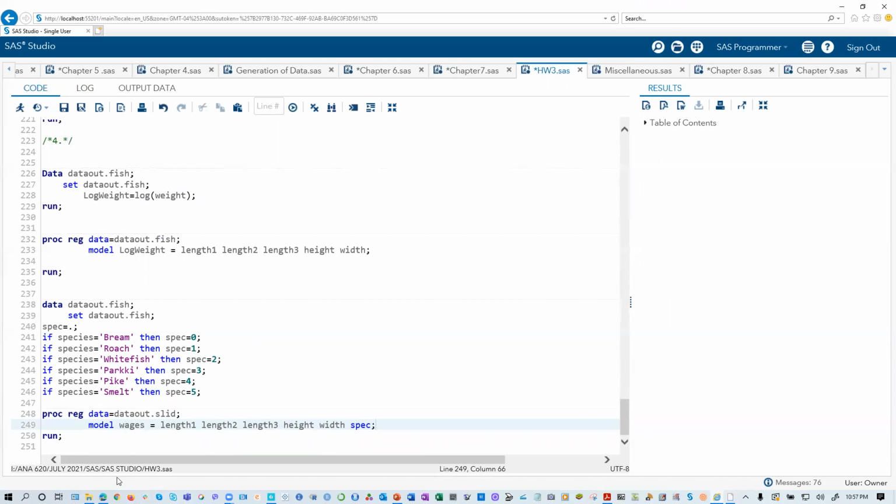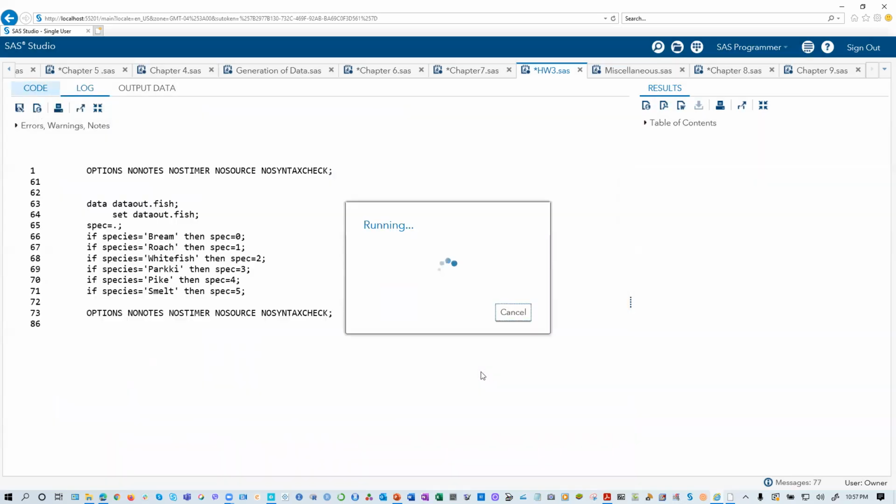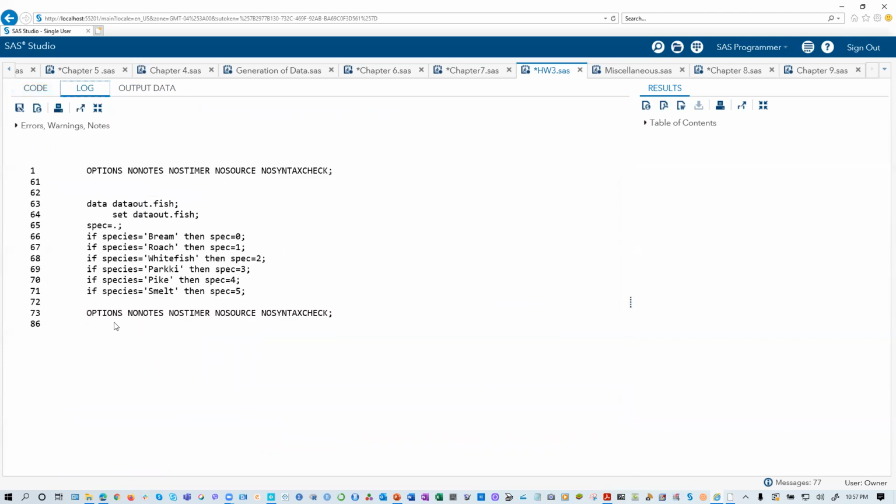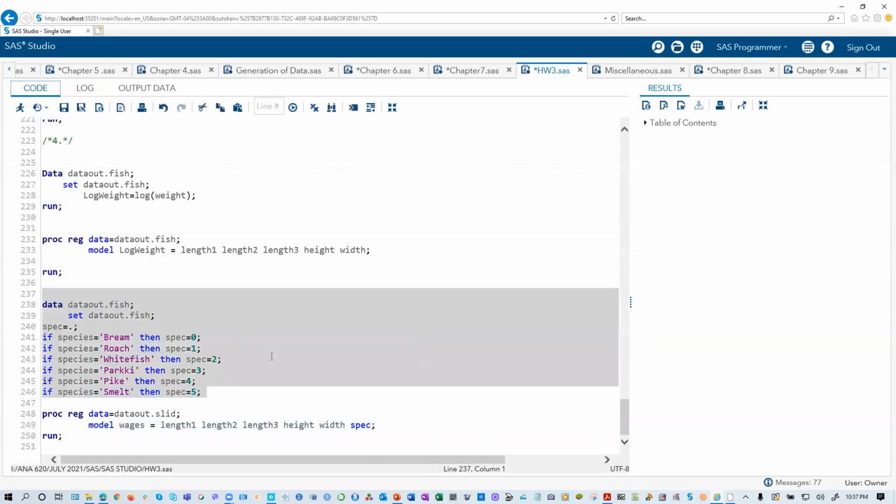See one more thing. Let me see what they have. What the error message says. They don't say anything.